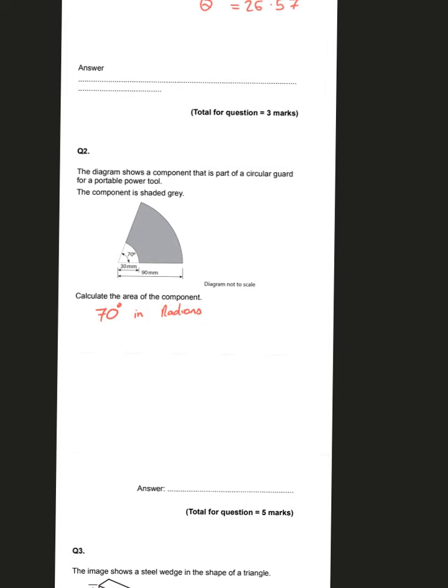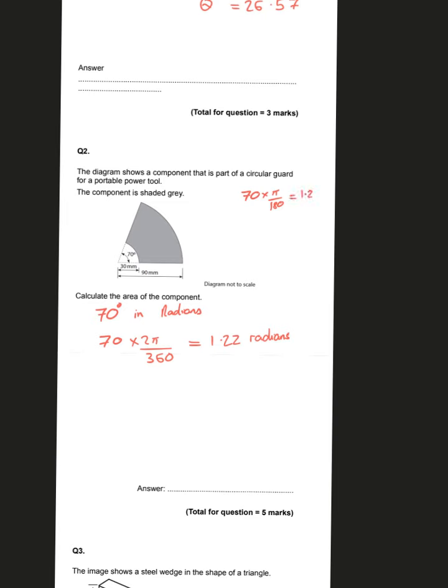So 70 times 2 pi over 360, and that's taken completely out of the formula book. 2 pi over 360 is equal to 1.22 radians. Okay, now you might have also just said 70 times pi over 180, because that's the way we learned in class.